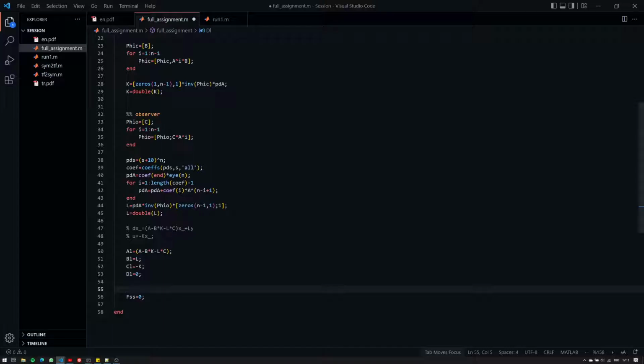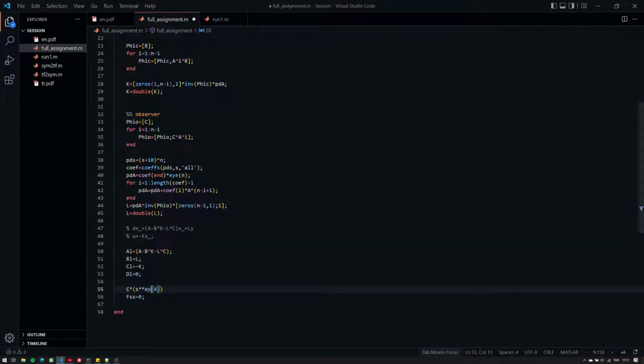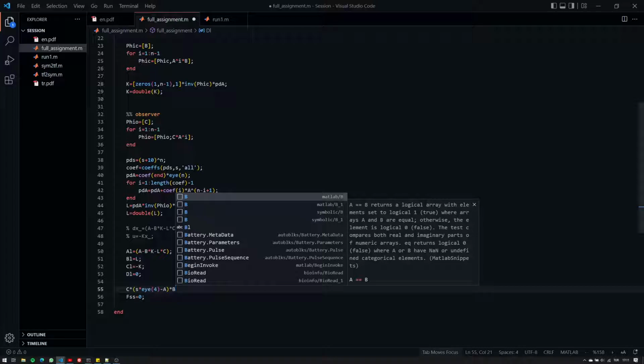Now, since it is FSS, it's defined in the symbolic toolbox, what you need to do is you need to follow the C times S times identity minus A, inverse, times B plus D, but D is 0.